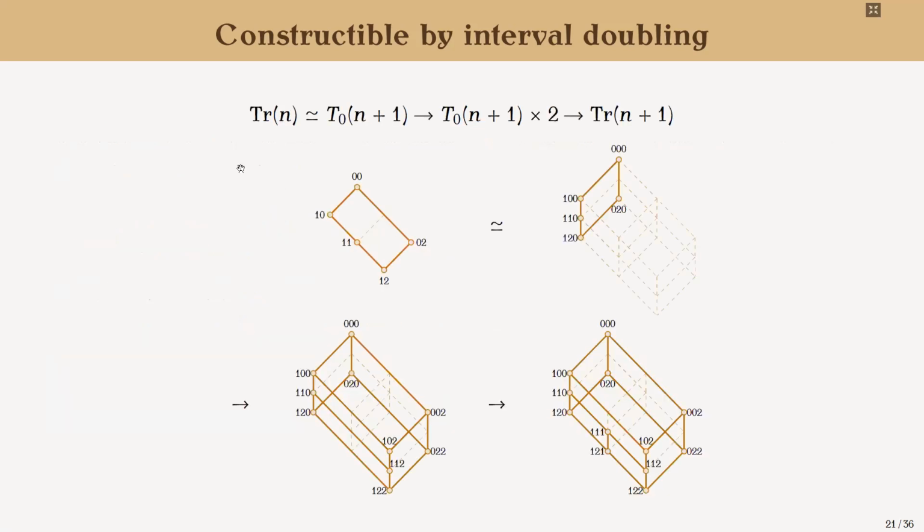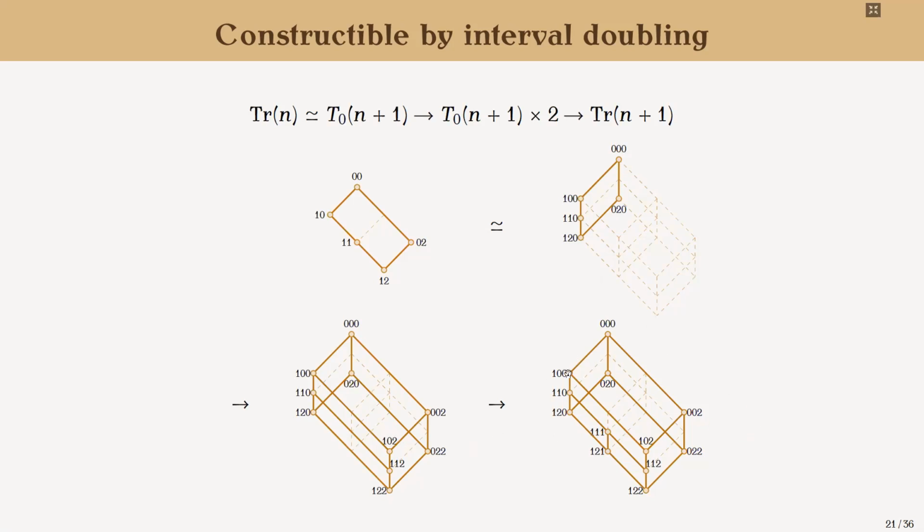So here is an example of this doubling operation. The first step is simply adding 0 to all the triwords of the Hochschild poset of size 2, because here we have triwords of size 2. We add 0 everywhere. Then we double all these subposets simply by changing the 0 by the letter 2.